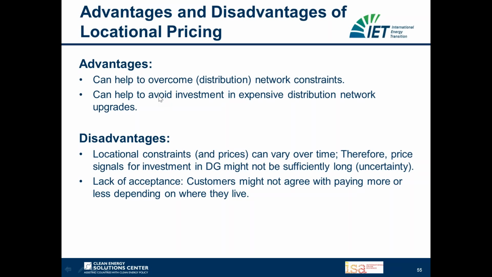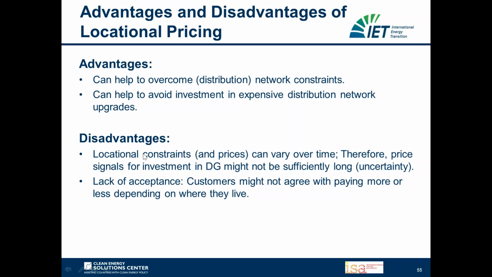So as we move towards more complex power systems of the future, the distribution network will play a more and more important part. So also making the distribution network more intelligent, smarter, will require that at least some of the elements of the locational incentives that we just discussed will probably have to be implemented, because they can also help to avoid very expensive investment in grid upgrades, grid expansions.